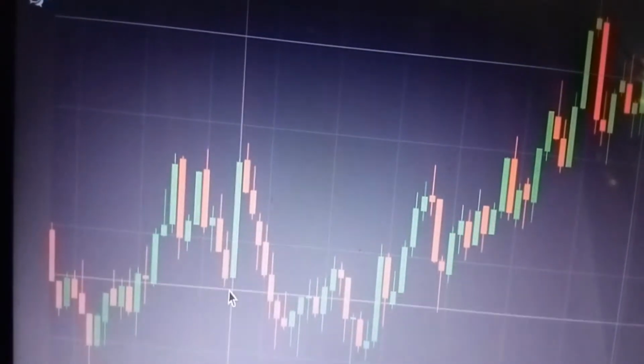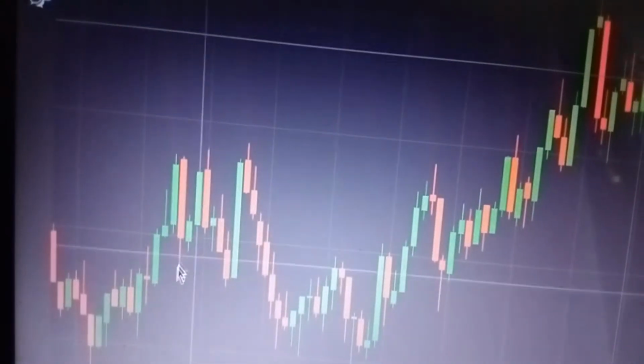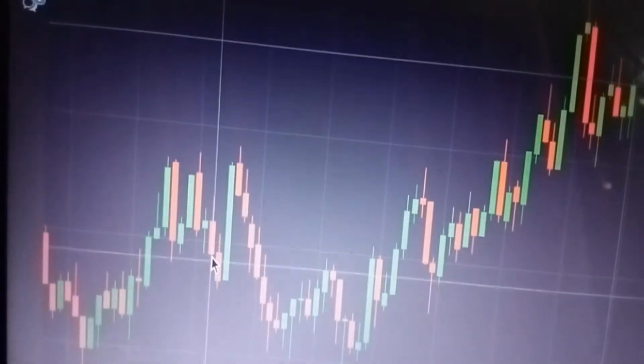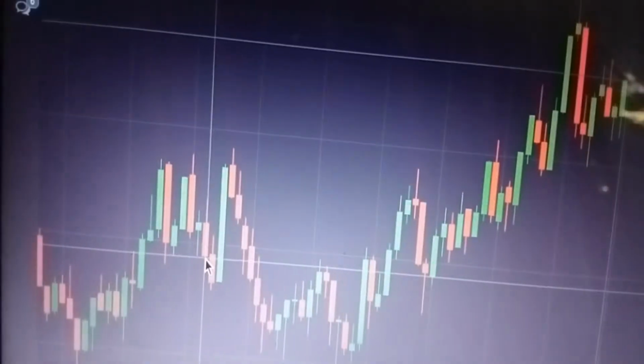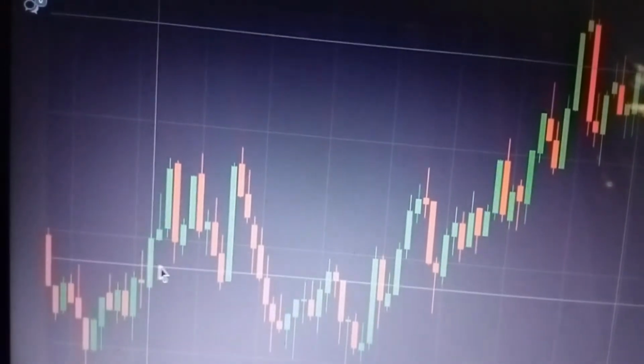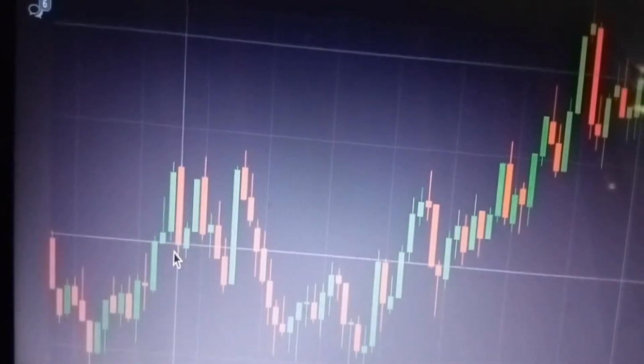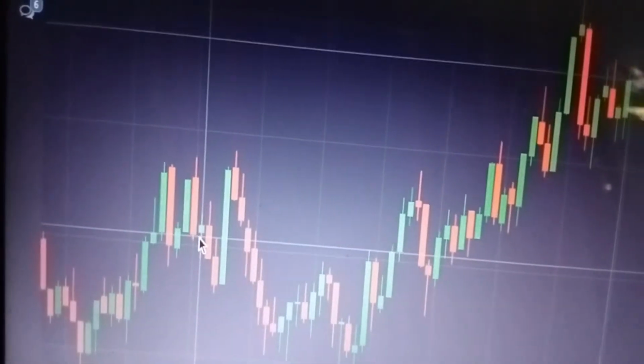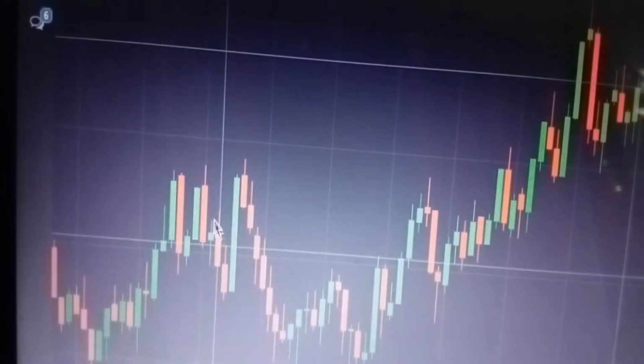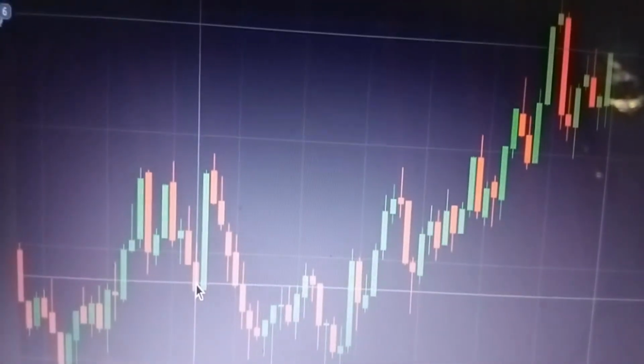That's why they came down here. They took the liquidity down there too. Now, since we took this short-term low, I'm flipping my bias. My direction is now flipped to the downside.